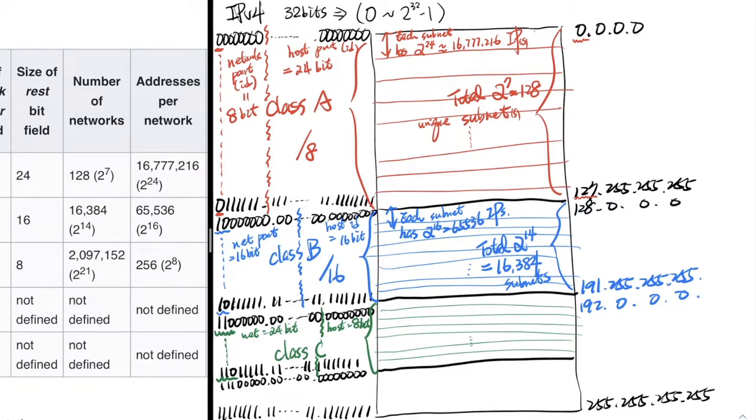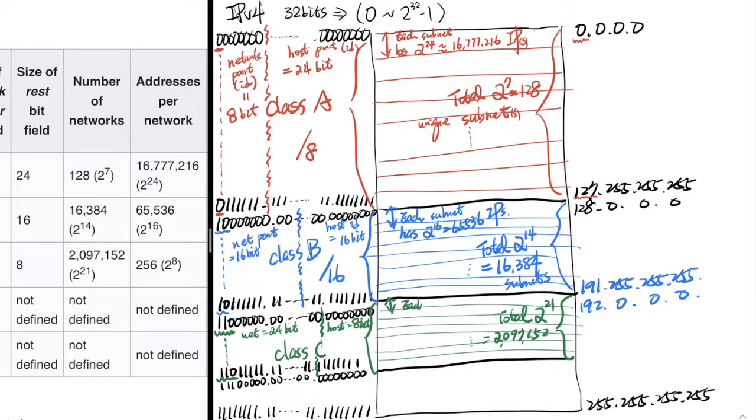According to the network part, we have 24 bits that can be used as the network part, but the first 3 bits are the same, right? So we have only that many unique, which is 2 million. We can divide this part of the IP addresses into 2 million different subnets.